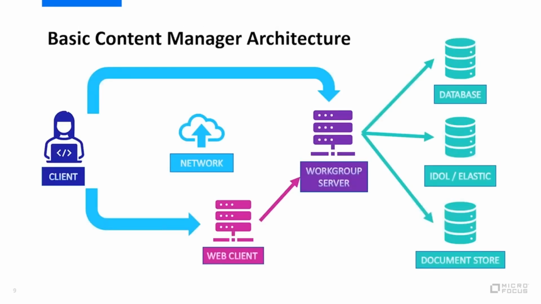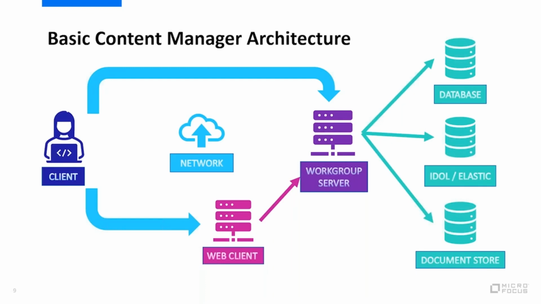Yep. So we can see this is the graphic of a very basic setup of Content Manager solutions. We have the Content Manager client and the workgroup server sitting over the network on each side, and the client, which can be the CM client, native client, or the Office integration or an SDK program, will firstly establish a connection to the workgroup server, so it can send the requests and data to the workgroup server through the connection.